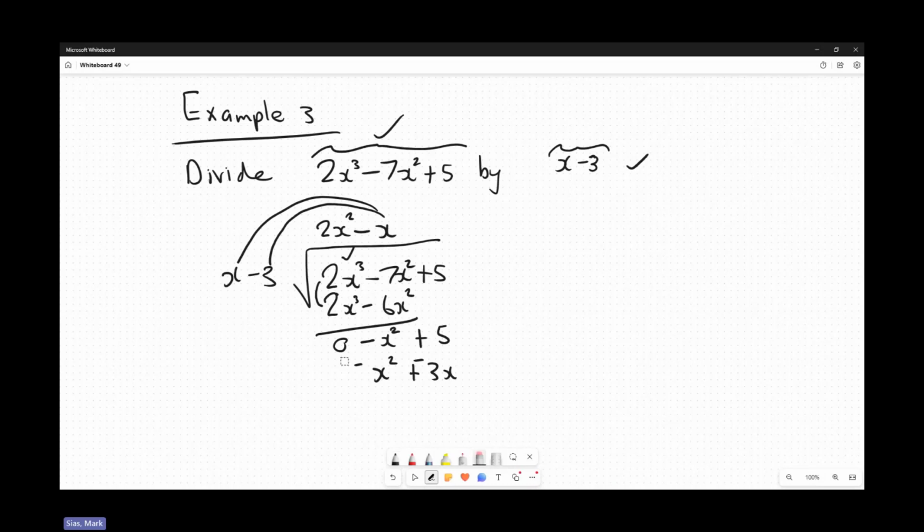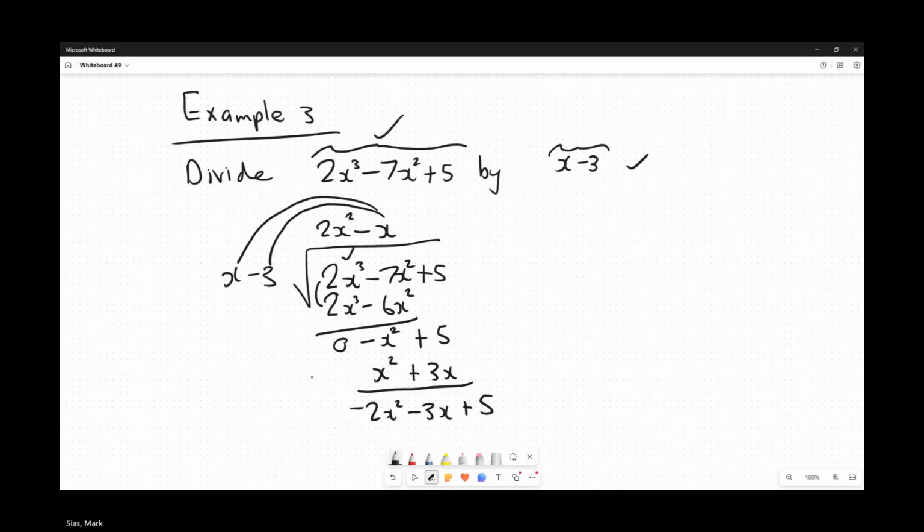Remember, there's a sign change, guys. So minus x squared minus minus x squared gives me 0, and I've got minus 3x and the positive 5, which I brought down.